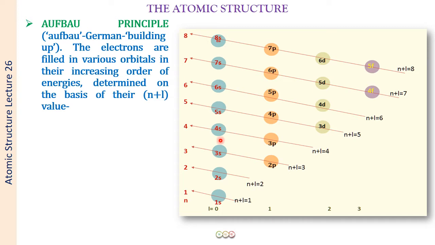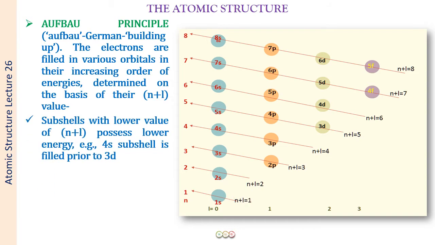One thing that you have now learned is that these lines help you know the n plus l values. Next, how do we see the energies of them? We are going to arrange the subshells according to the n plus l values, and the subshell which has the lower value of n plus l is going to possess lower energy.